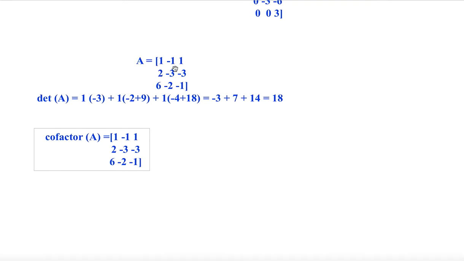What about 1? 1 you already know: minus 3 plus 6, minus 6 minus 3. So this element is minus 3. Okay, what about minus 1? Minus 1 also we did, minus 7 plus 7, minus 2 plus 9.